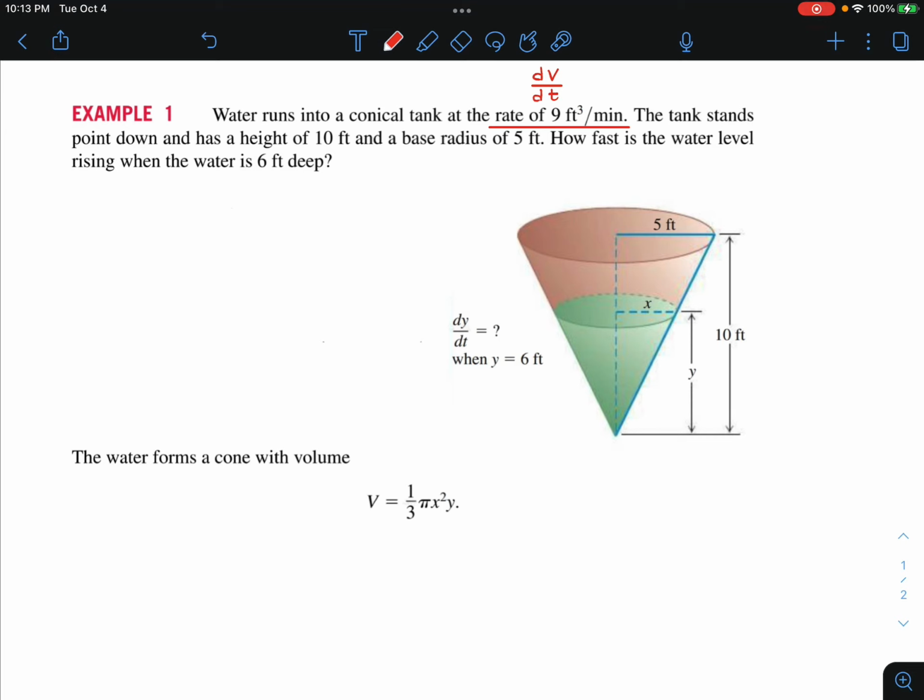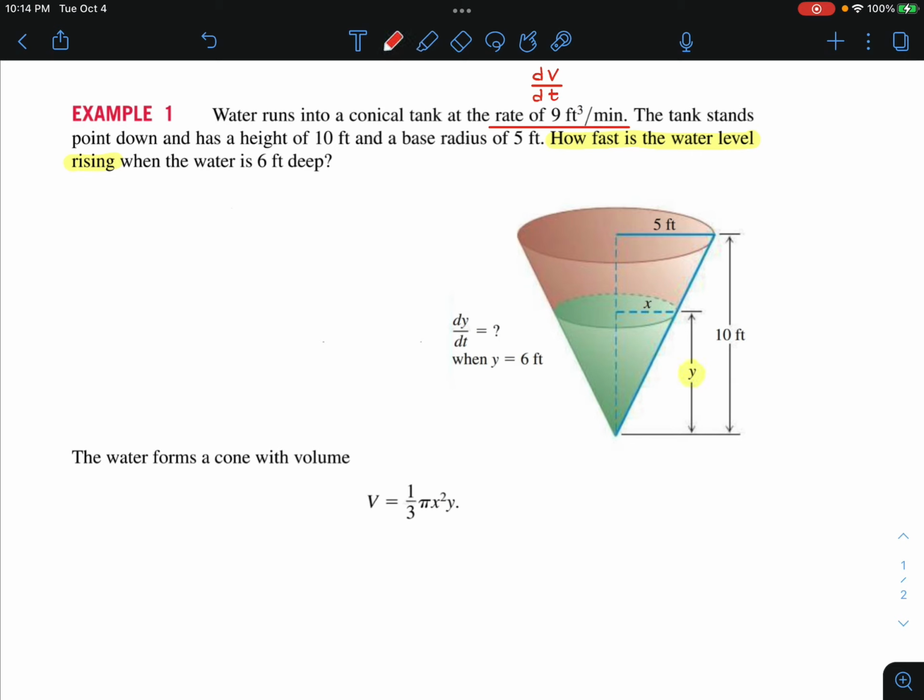And when you look at what we are looking for in this particular example, it is once again a rate, how fast the water level is rising. And the water level, based on the diagram on the right side, is denoted by this variable y.